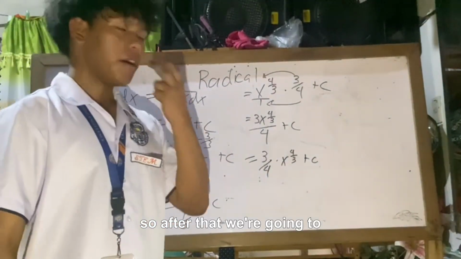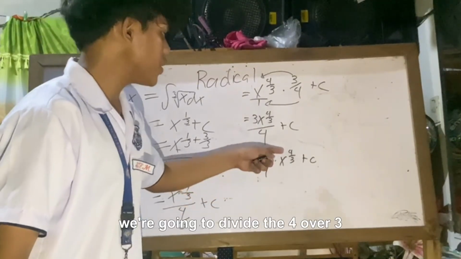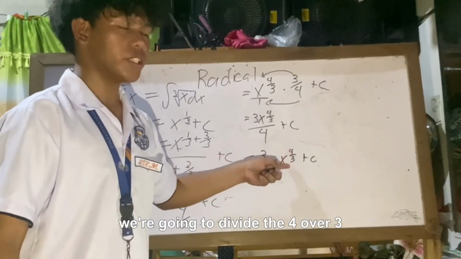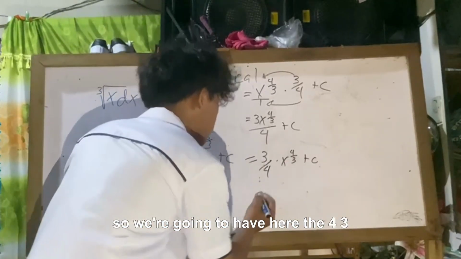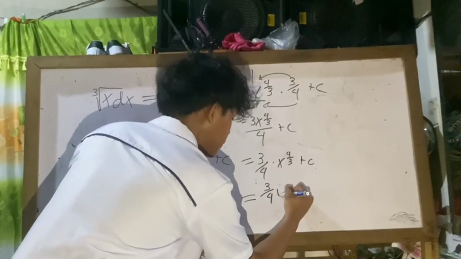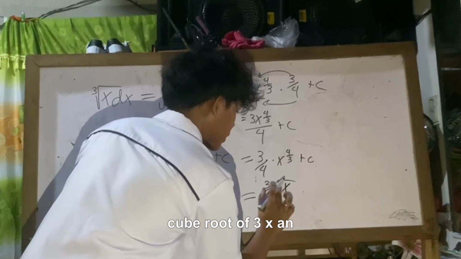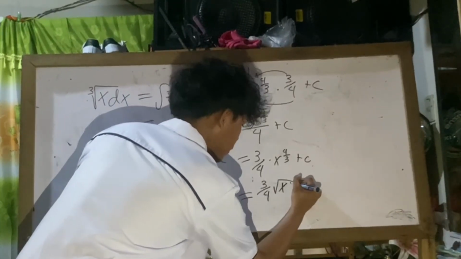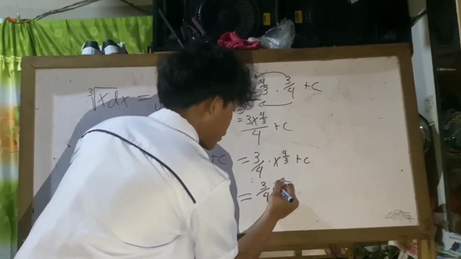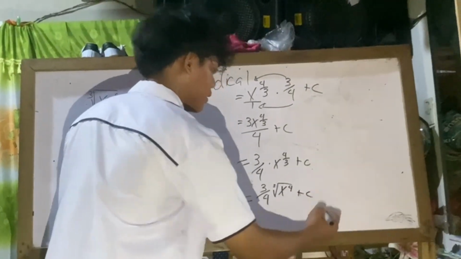After that, we're going to divide the 4/3. So we're going to have 3/4 times the cube root of x to the 4 plus c.